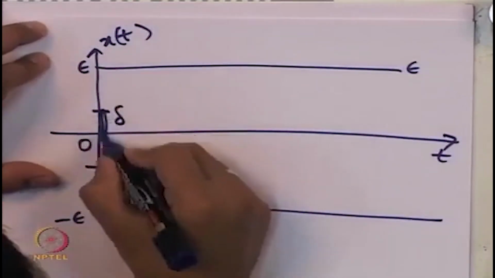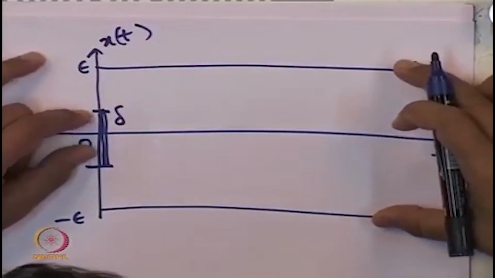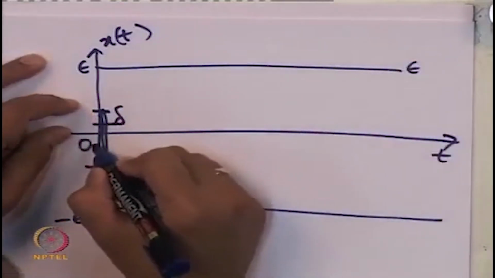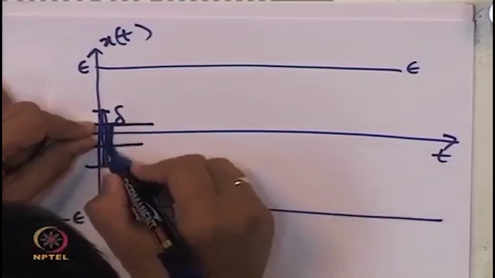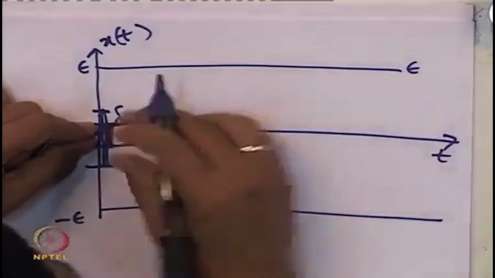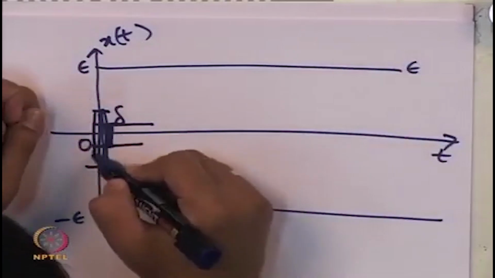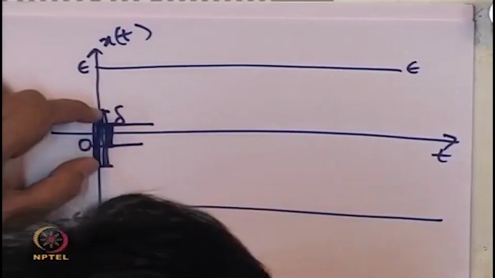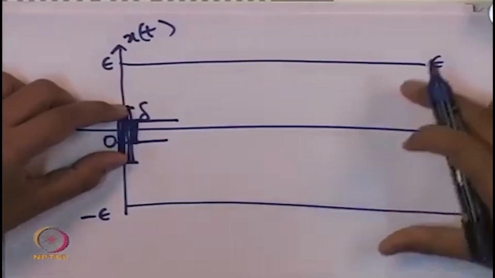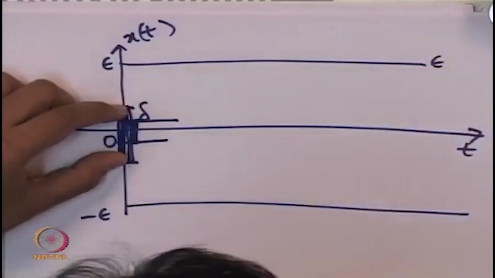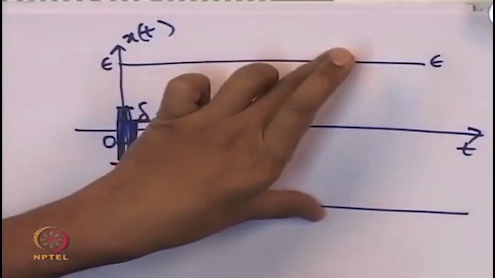If we start inside this interval, then the trajectory is guaranteed to remain inside this epsilon ball, but this same guarantee will automatically be satisfied for this smaller band also. If the initial conditions start inside this smaller ball, then also it is guaranteed to remain inside this epsilon ball. Why? Because once we are sure that starting anywhere inside this initial condition band assures that the solution lies inside this epsilon ball, then we know that inside a smaller band also, if we have begun, we are guaranteed to remain inside this epsilon ball.